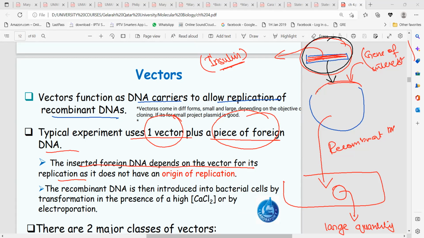Through the vector, it will produce millions of copies of the gene of interest. Okay, this is the purpose.